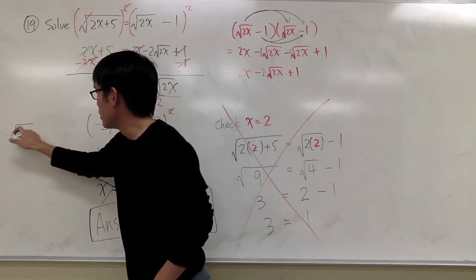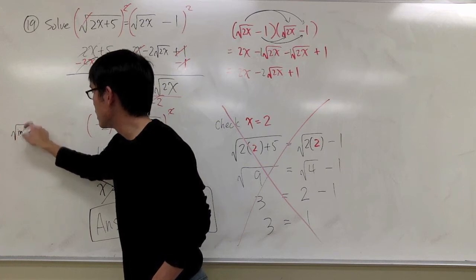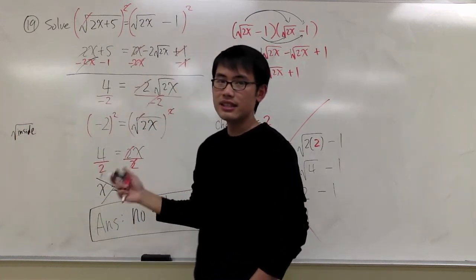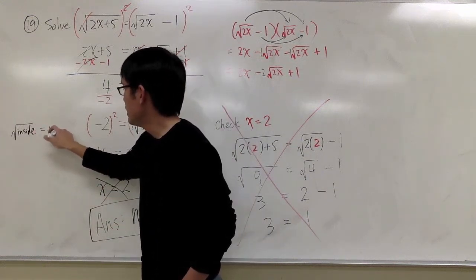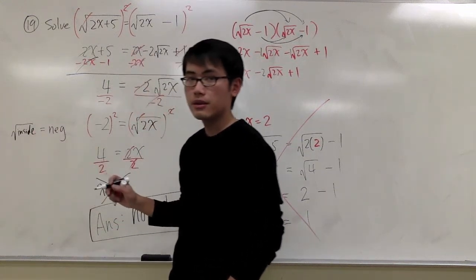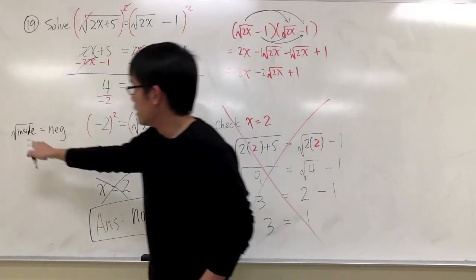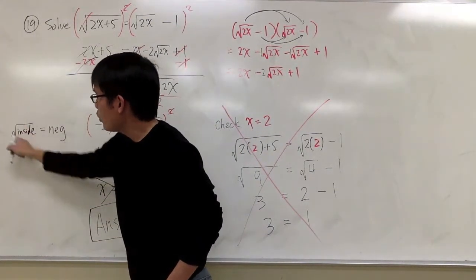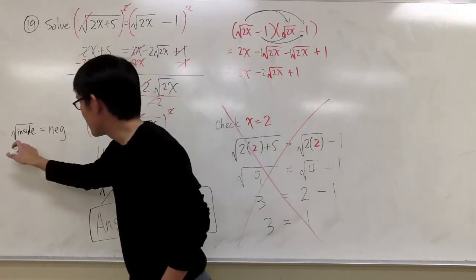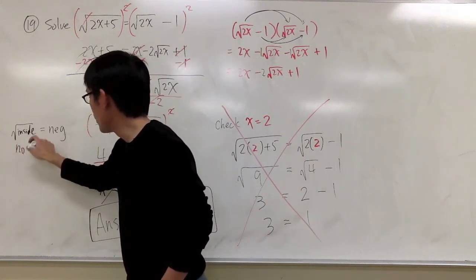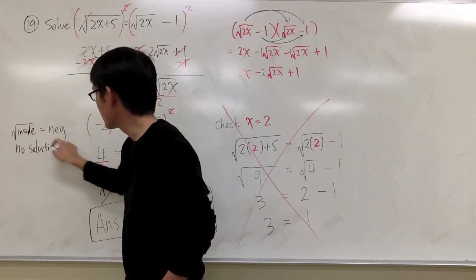Whenever you have square root of something inside, it doesn't matter what's inside, but if that equals a negative number, okay, the outcome of a square root can never be a negative number. So this right here guarantees that you will not end up with a solution.